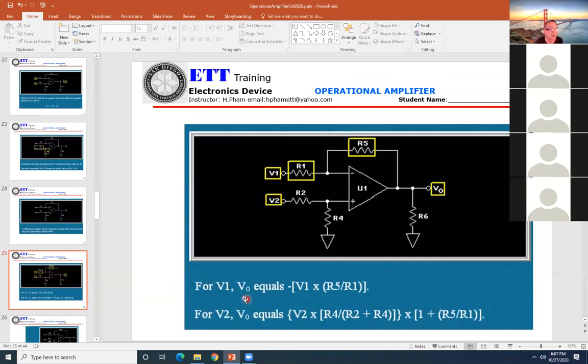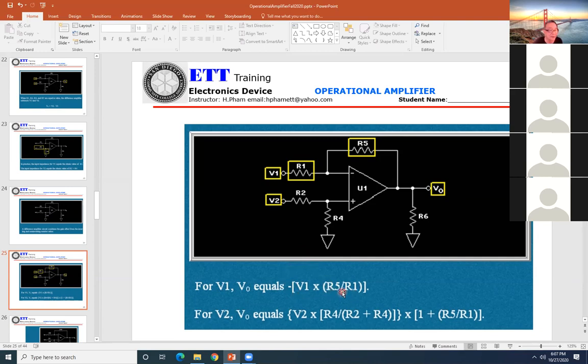For the input V1, it will be inverting, so VL equals minus V1 times R5 over R1.